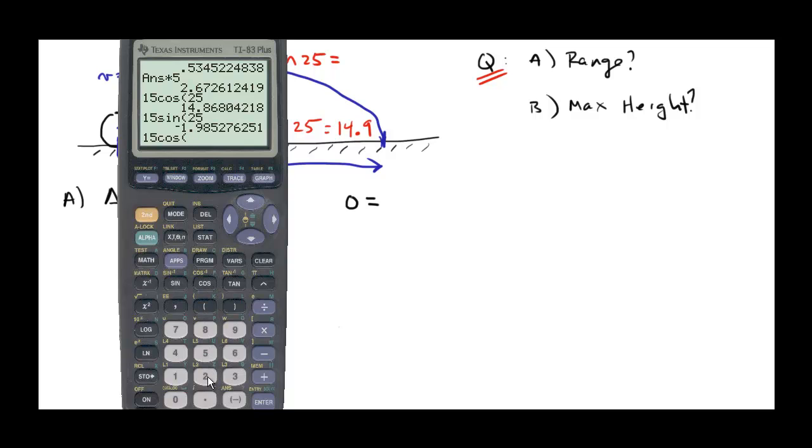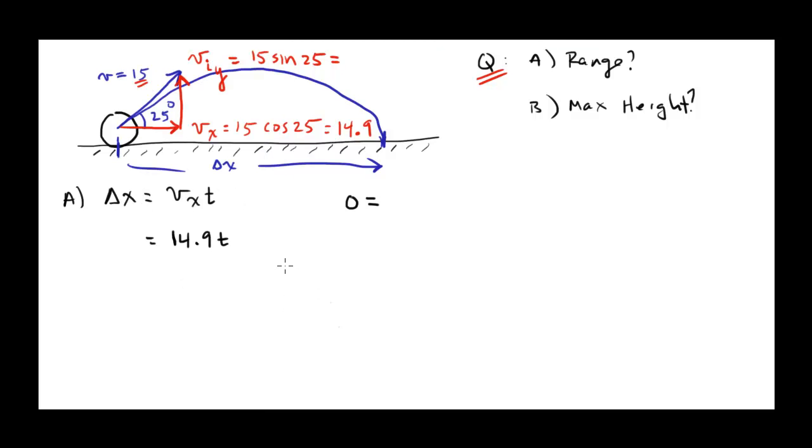15 cosine 25 is 13.6, and 15 sine 25 is 6 point, let's call it 6.3. So 6.3 and 13.6. So this is 13.6.